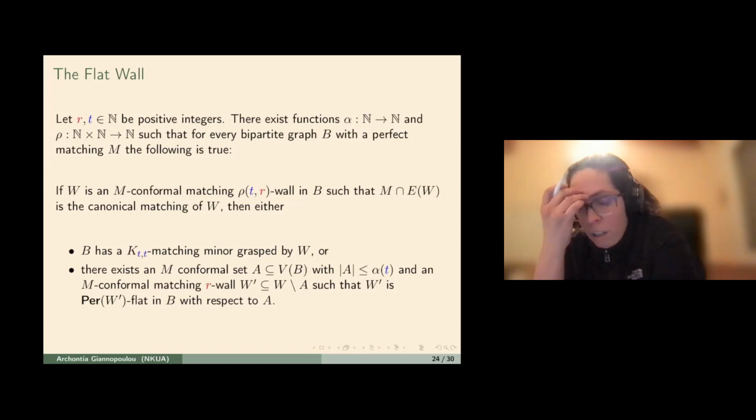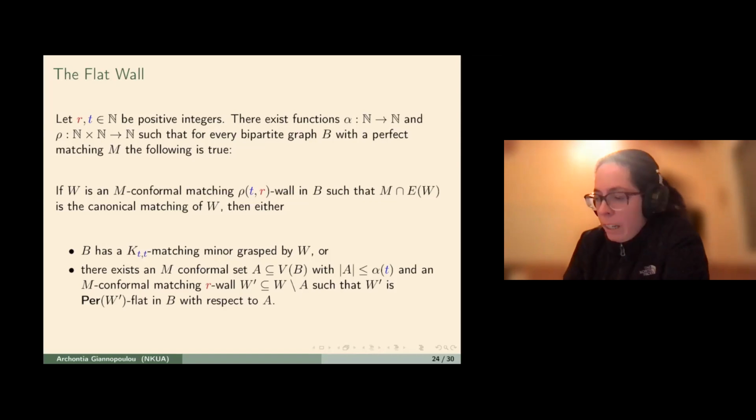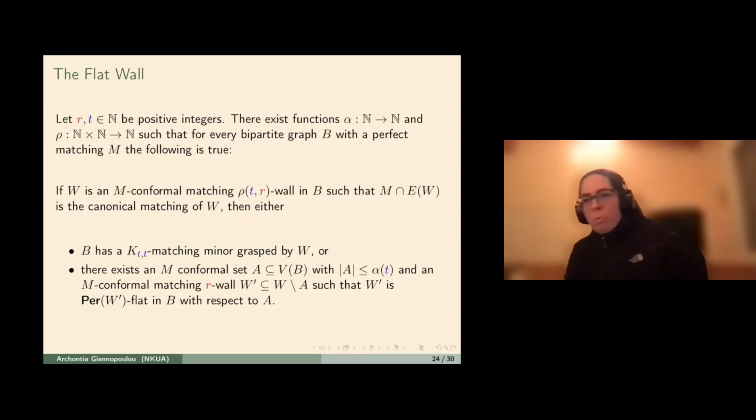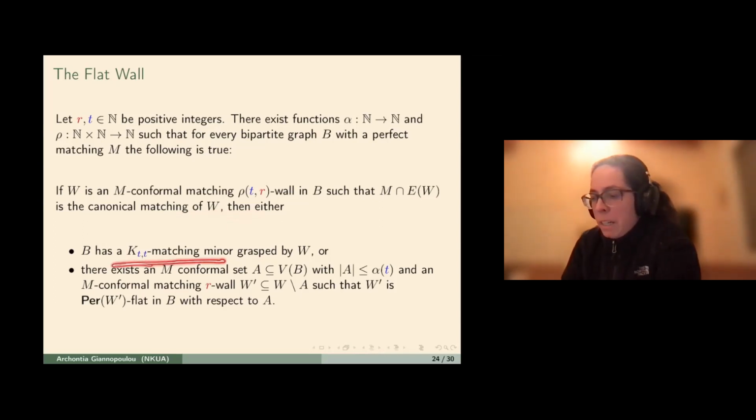So if our perfect matching width is big enough, we already have a wall in the graph. And our theorem says the following. If we are given a large wall in the graph, then two things can happen. Either we can use the vertices of this wall and some jumps in the wall to create a K_{t,t} matching minor, whose model intersects W quite strongly, or we can find a set of vertices. I have a picture later, I'm just giving a warm up.